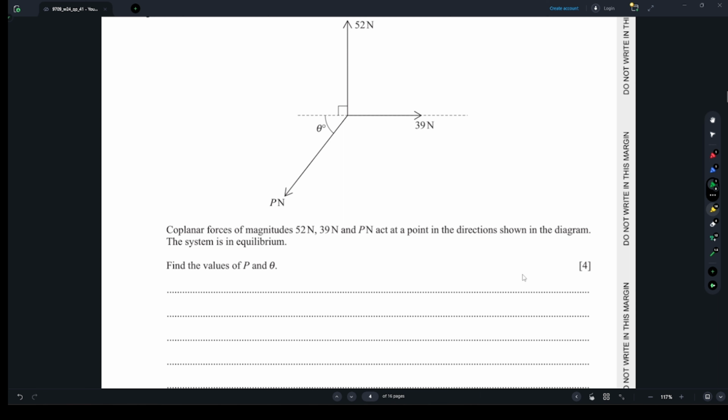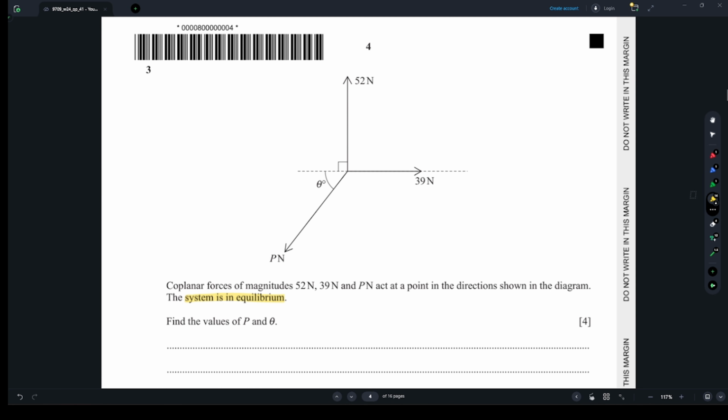And the important thing is the system is in equilibrium, right? So it's in equilibrium. Then what you should know, in general, the main thing you should remember: this is 2D, right? So we have only x direction and y direction.